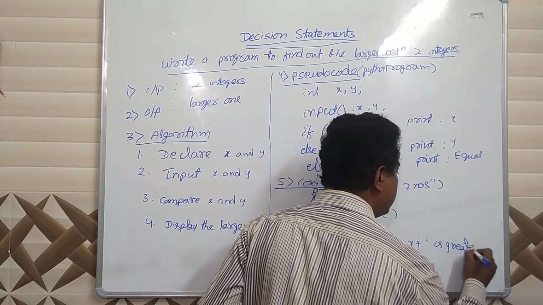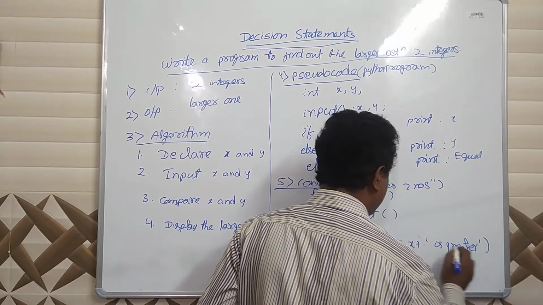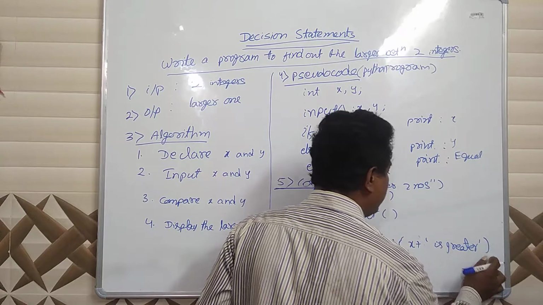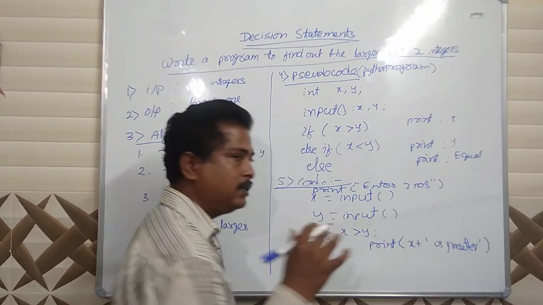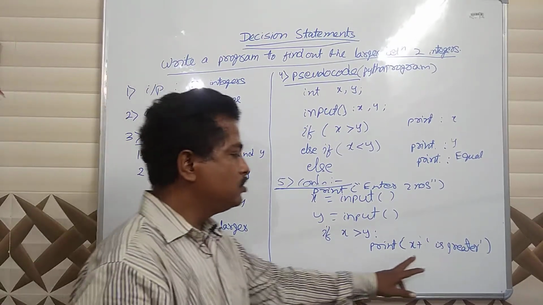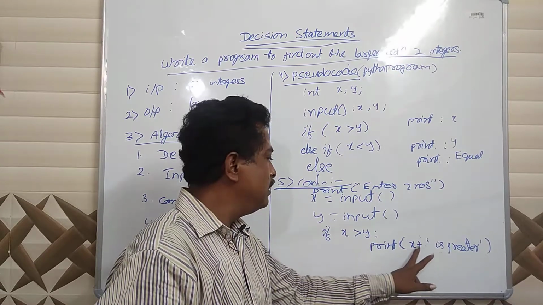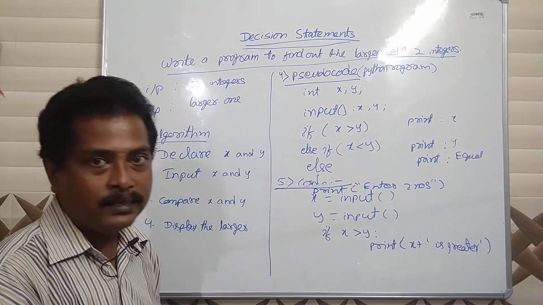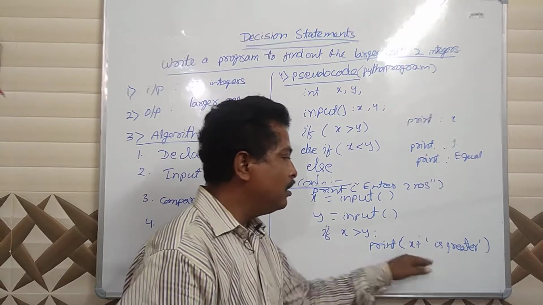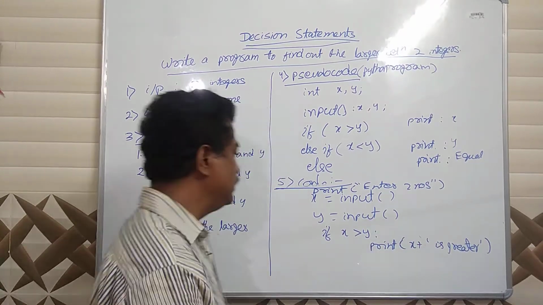It is just like SOP syntax. Only thing is that the semicolon will not be there, and single quote or double quote, anything you can use. So you can write here x plus. Other formats are also there in Python, but it is similar to Java, that's why I have taken this one.